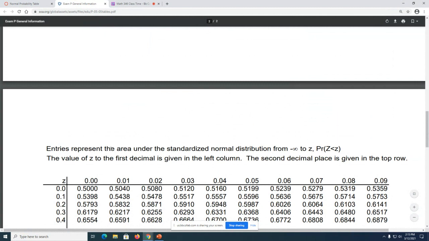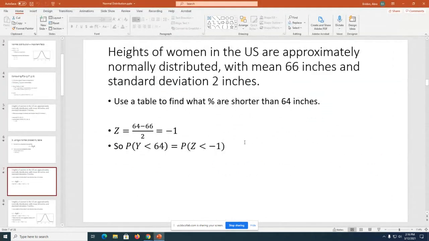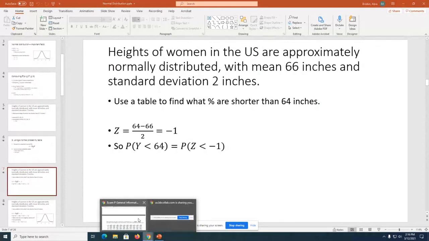Here it says entries represent the area under the standardized normal distribution from negative infinity to z. In other words, the probability that z is less than little z. That's good, that's what we want to find. We want the probability that z is less than negative 1.